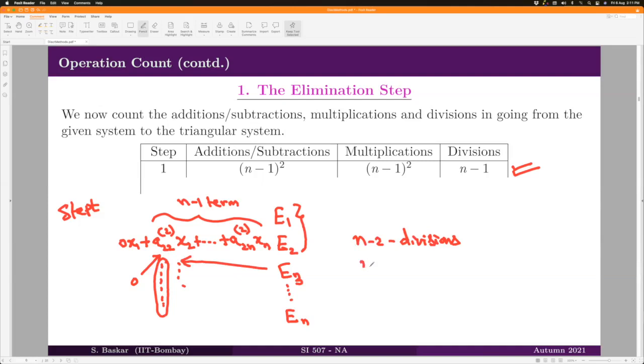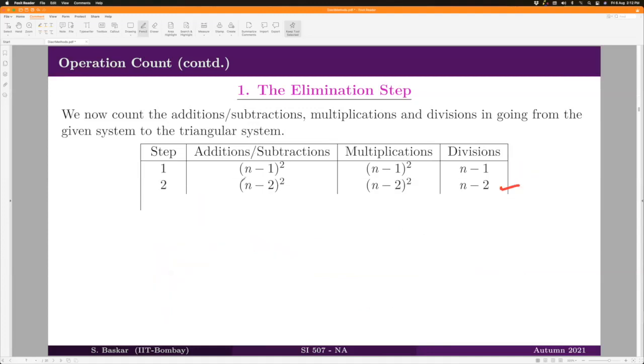Of the remaining, you have n minus 2 multiplications per equation, and similarly n minus 2 additions or subtractions per equation, and there are n minus 2 such equations. Therefore, you have this many operations for the second step of elimination.